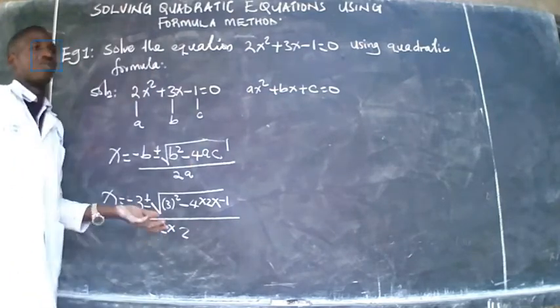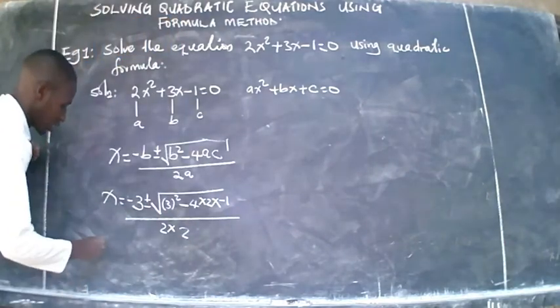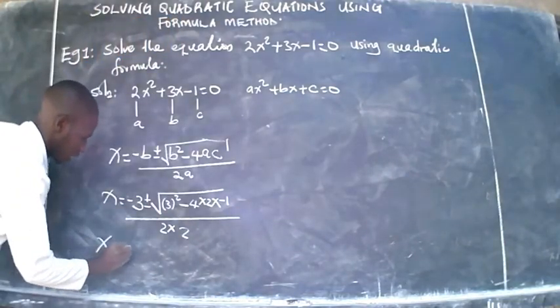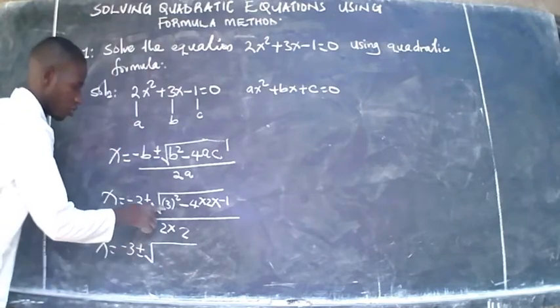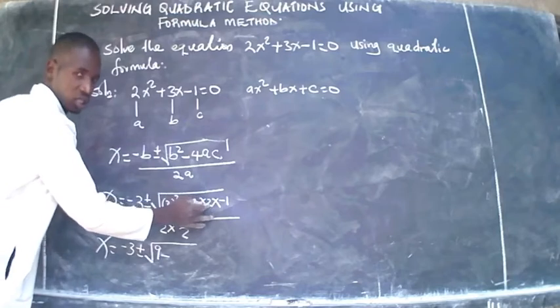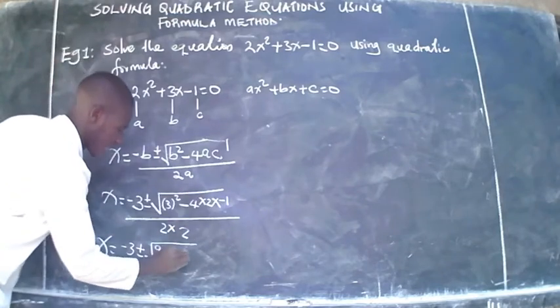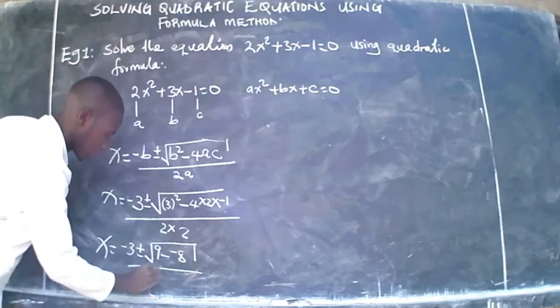The rest is not mathematics, just simplifying, and you get the answer. So we shall have x equal to negative 3 plus or minus square root of 3 squared is 9, minus 4 times 2 times negative 1, that is negative 8, close, divided by 2 times 2, that is 4.